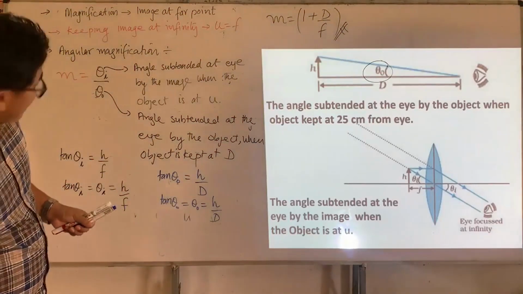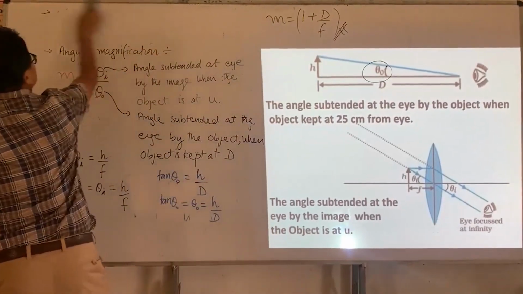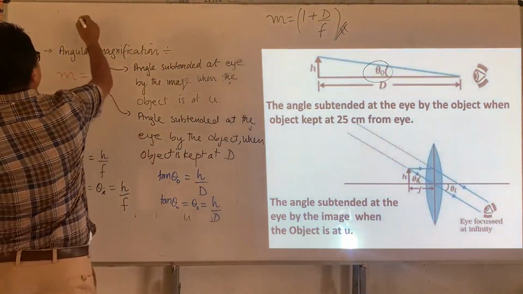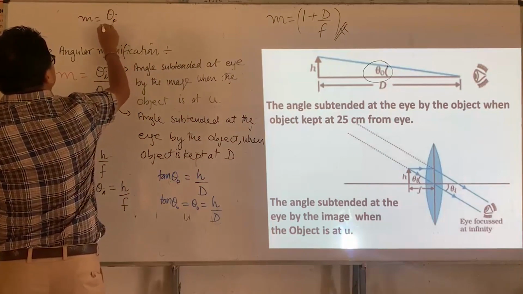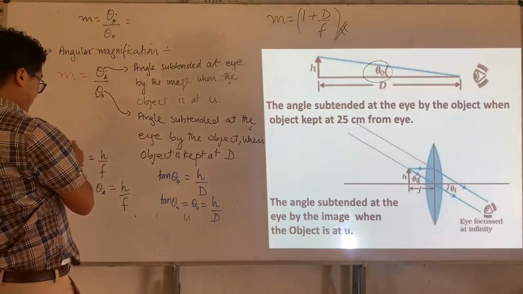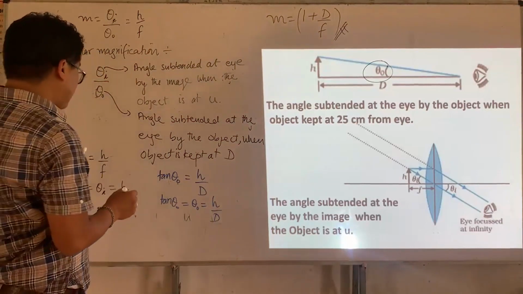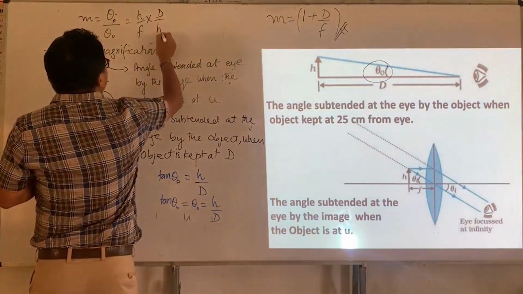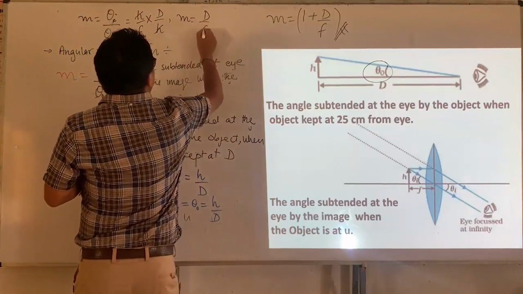Now, what is the angular magnification? I'll write here, angular magnification m is theta I divided by theta naught, which is equal to, what is theta I? h by f. And what is theta naught? h by d. h cancels out, therefore m is equal to d by f.